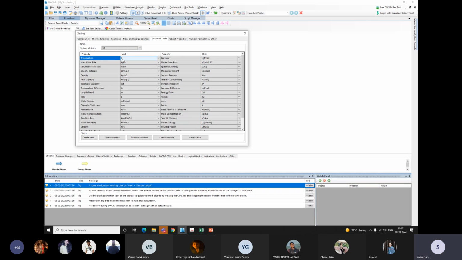Let's see. C4, kilopascal and Kelvin. Just to make things a little easy for me, I'm selecting that, and molar flow rate, kilomole per hour. And am I missing anything else?